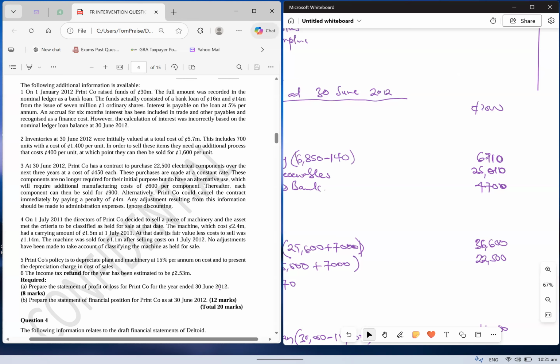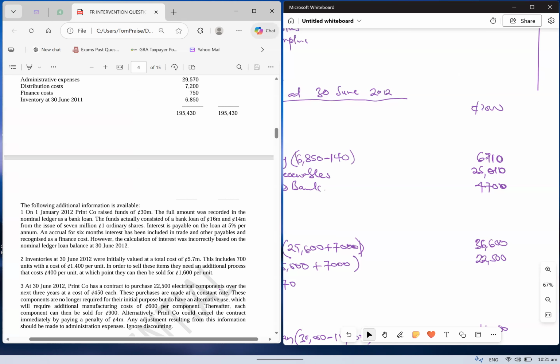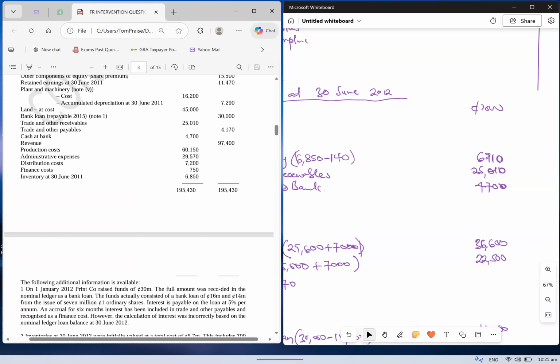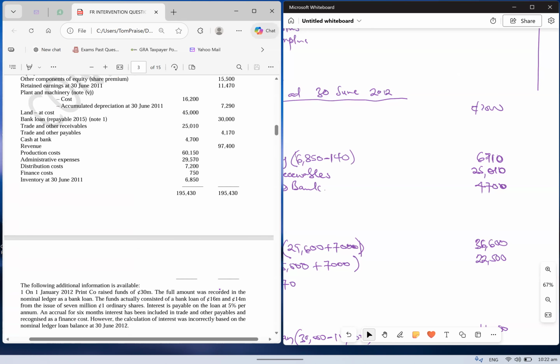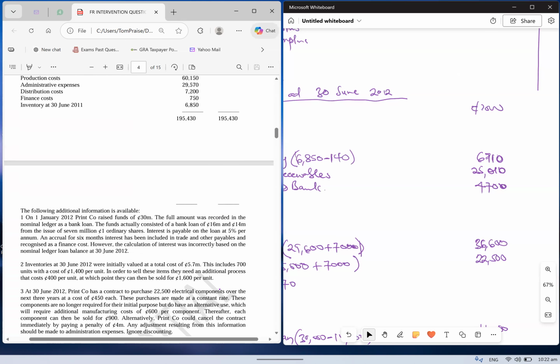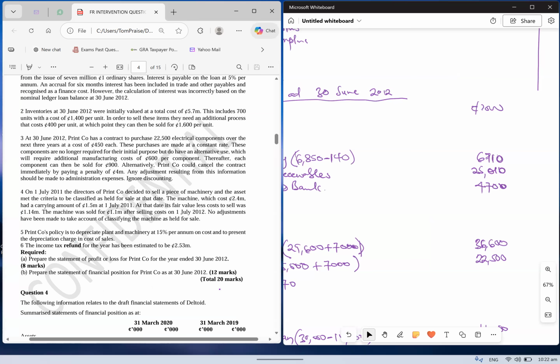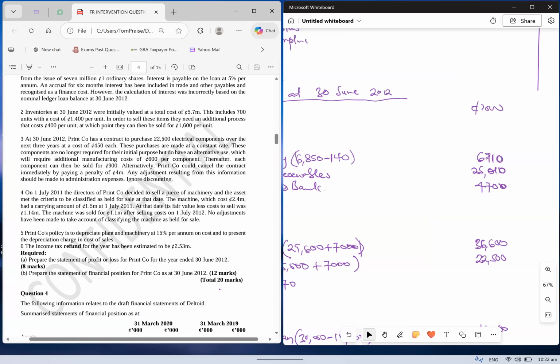It says that they entered into a contract to buy electrical components over the next 3 years, but we said we will use onerous contract to deal with that particular one. We will see. If it is for inventory, we'll put it under inventory. If it is not, then put it under a different part.